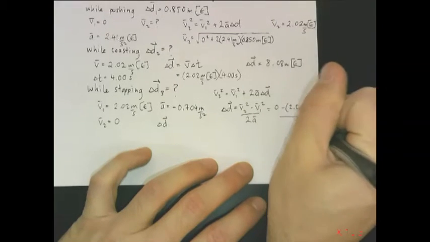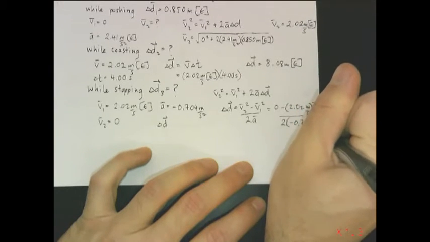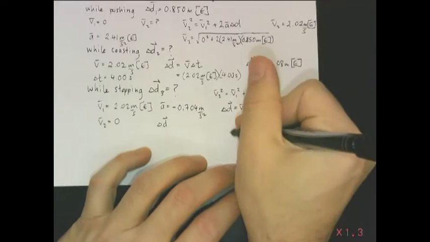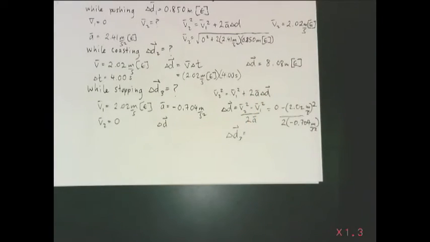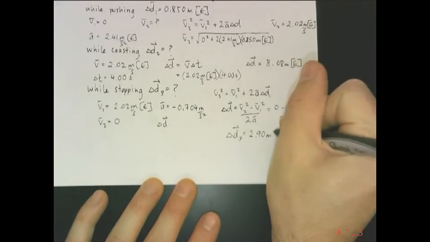Square that, divided by 2 times negative 0.704 meters per second squared. Punch it in and tell me what we get for the third displacement here. 2.90. Amazing. 2.90 meters east.